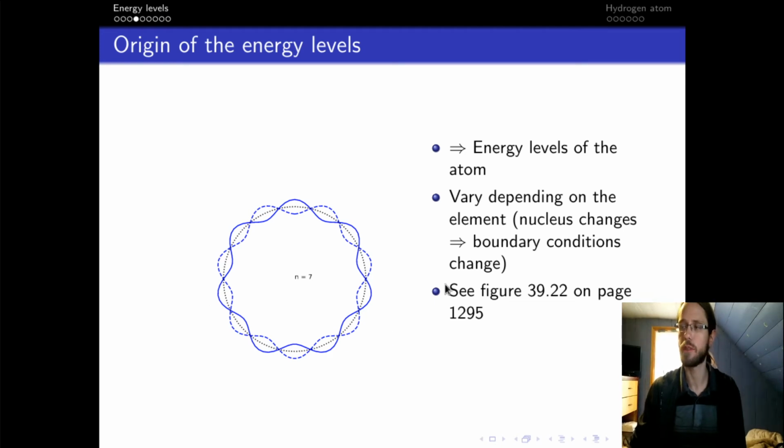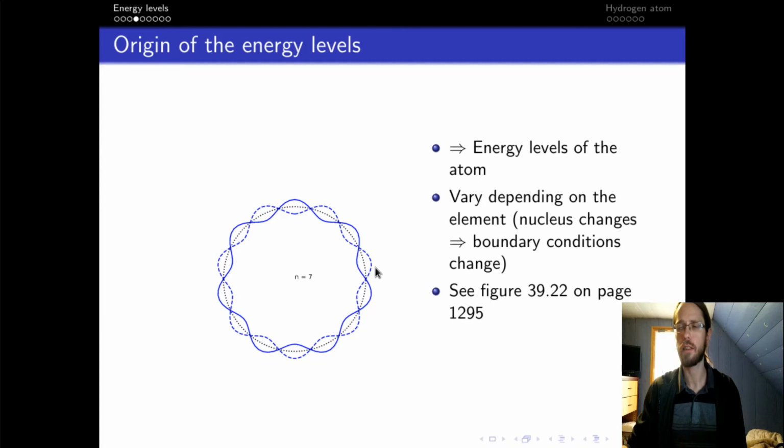And one way he represented the thing was, let's say you had some nucleus at the center and you imagined a circle around it. So I'm looking at the dotted line, a circle around this nucleus. You can take the wave of the electron with its De Broglie wavelength and wrap it around the circle.